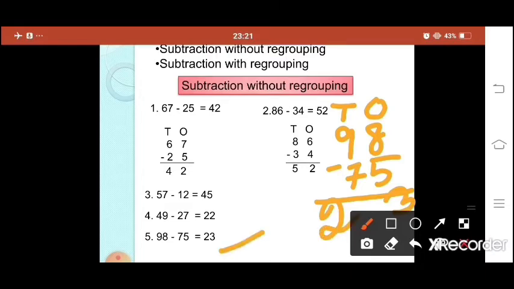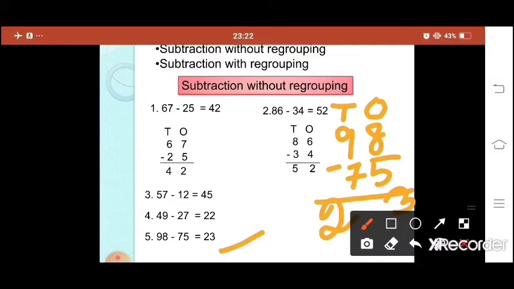In all of these you observe that the number we write first is bigger than the second number. Always we subtract a smaller number from a bigger number.